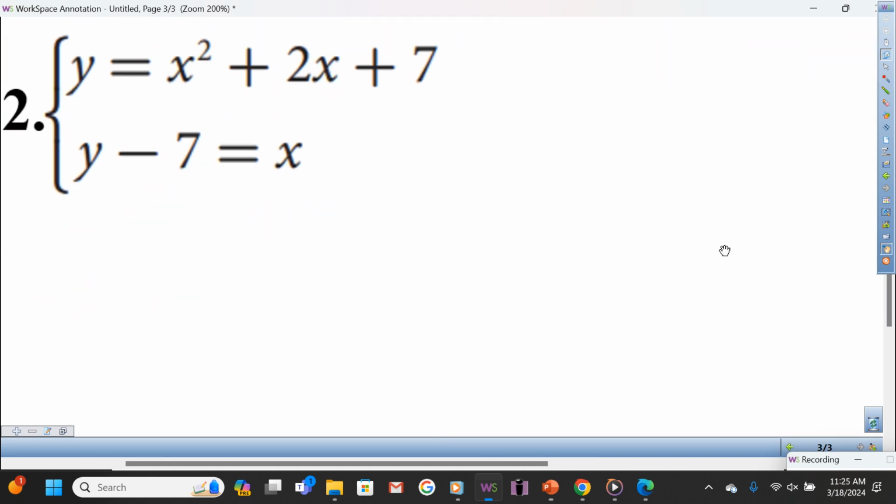All right, so look at it. What do you guys notice? What was the first step? That we need to solve for y or for x. Talk it over with your neighbor, let them know what you notice.